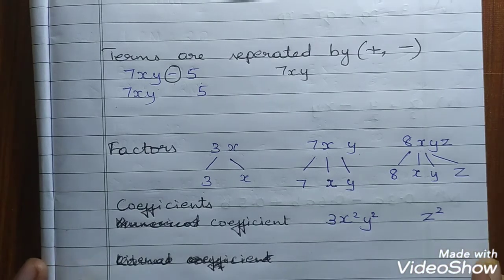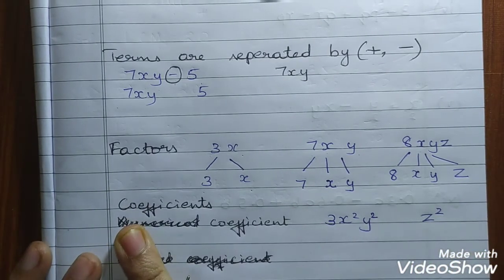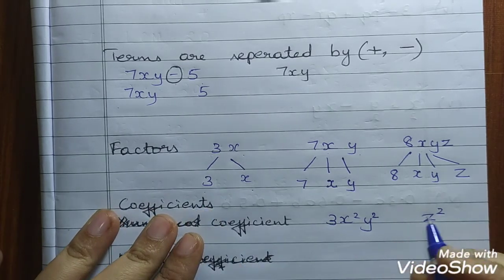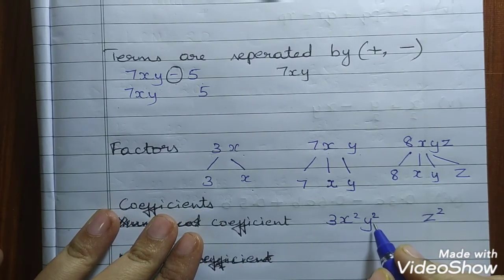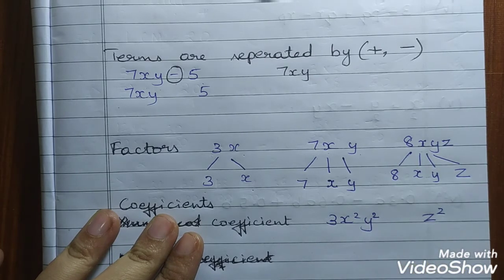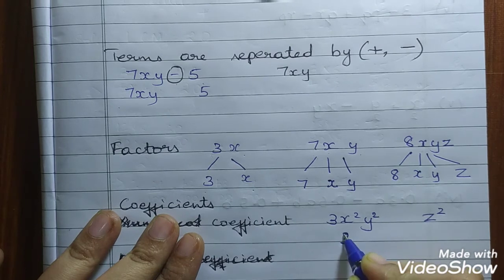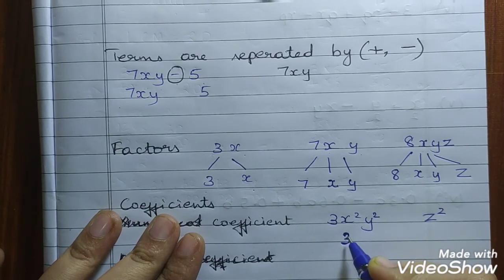Okay, coefficient. What is a coefficient? Same, 3x square y square. I am taking an example, that is 3x square y square. Here 3 is the coefficient, the numerical part, that is the constant.